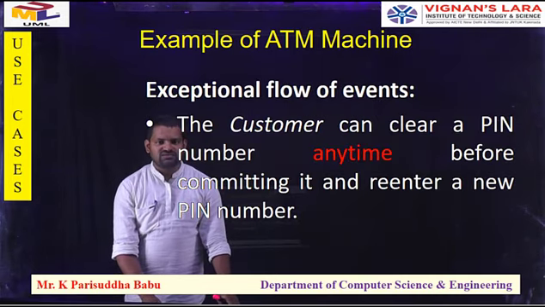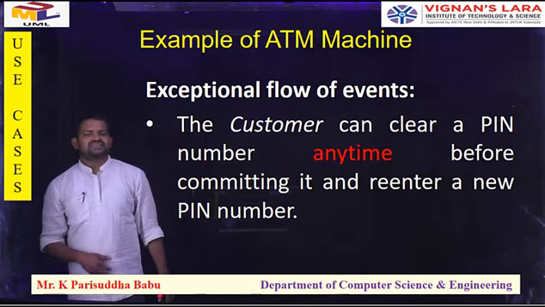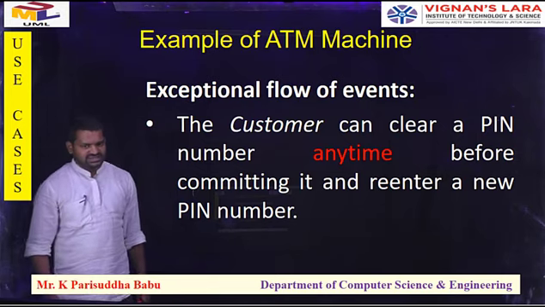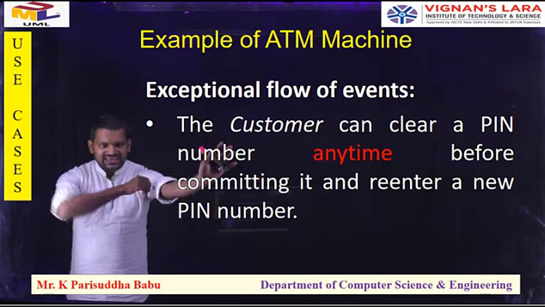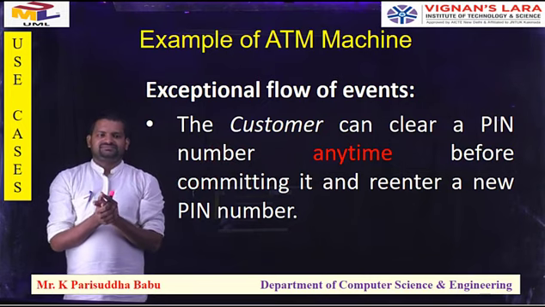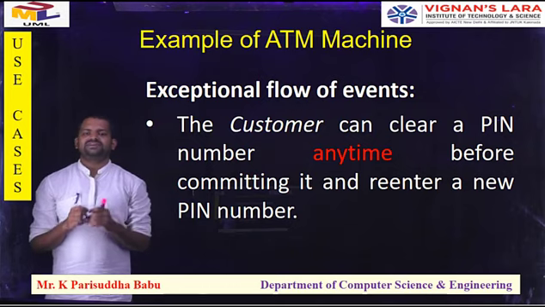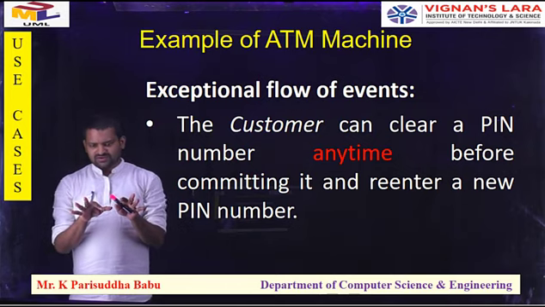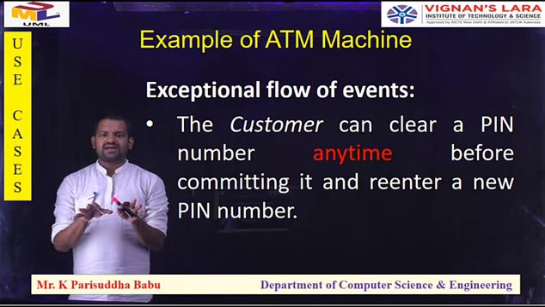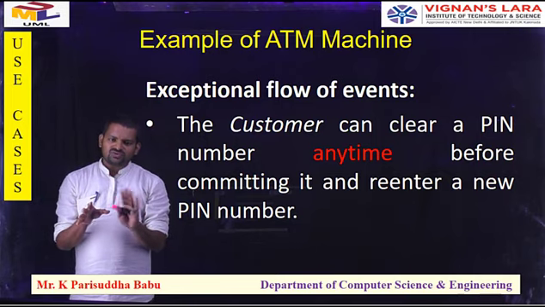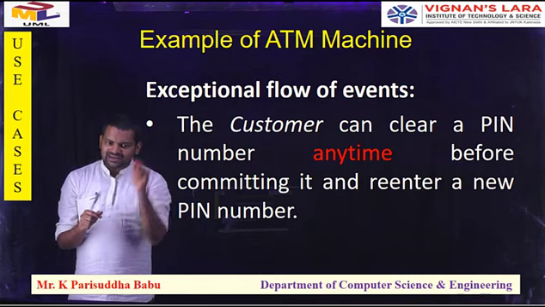Here we are following another exceptional flow of events. The customer can clear a PIN number any time before committing. That means I can type a password any number of times on the keyboard in the ATM system, and it will not be committed, meaning I have not pressed enter.